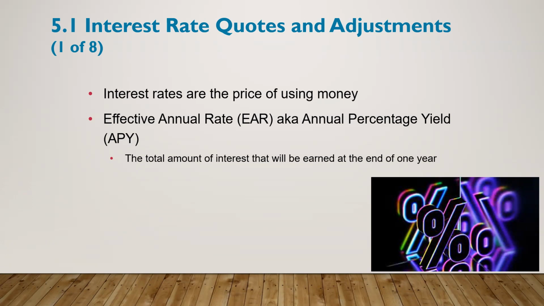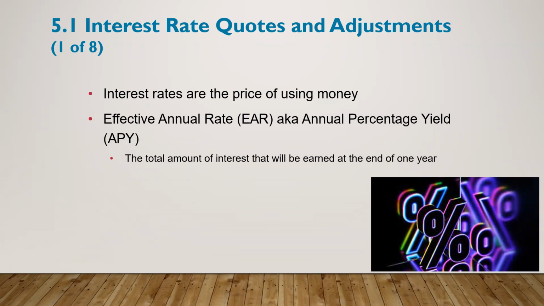The effective annual rate, or EAR, or APY, is a financial metric that represents the annualized interest rate, and it accounts for the impact of compounding on the investment or the loan. It provides a more accurate measure of the true cost or return on a financial product that involves compounding.